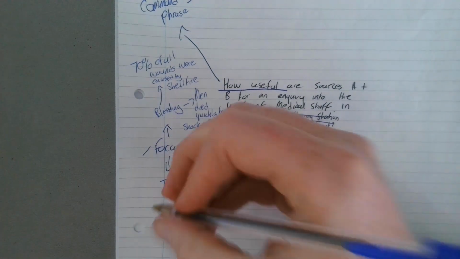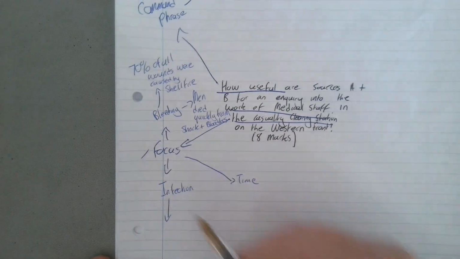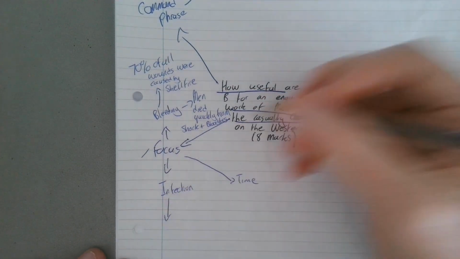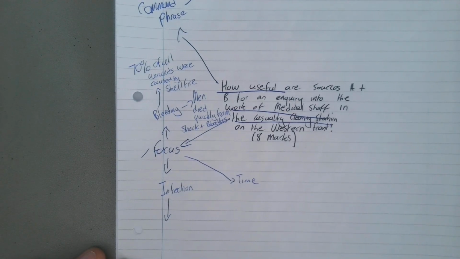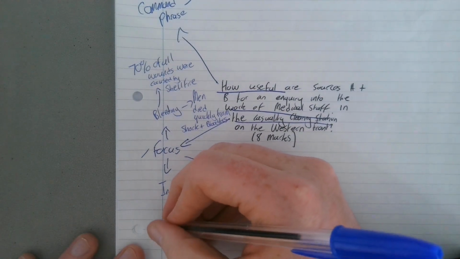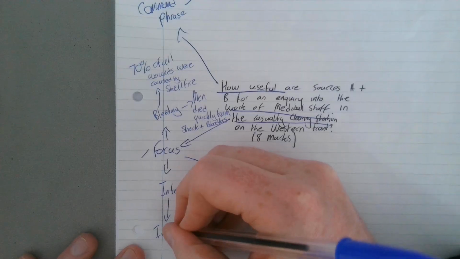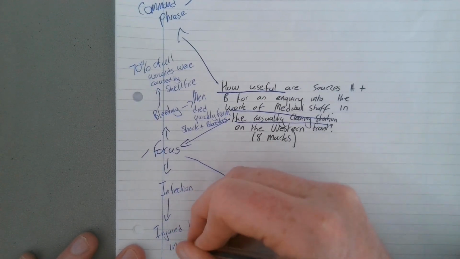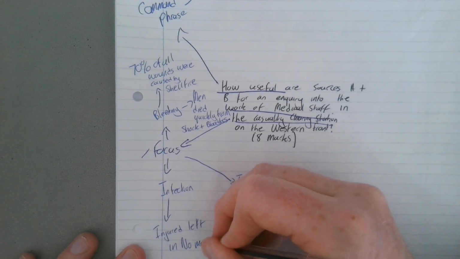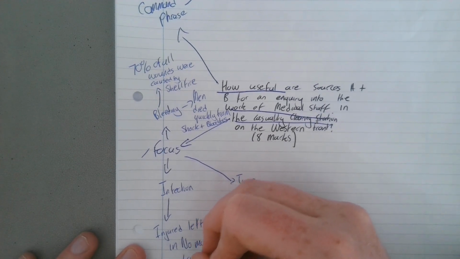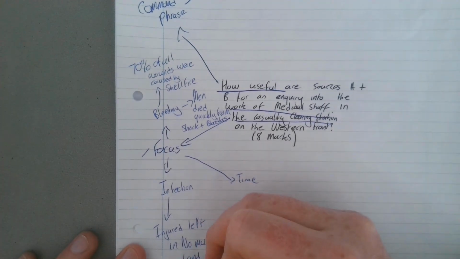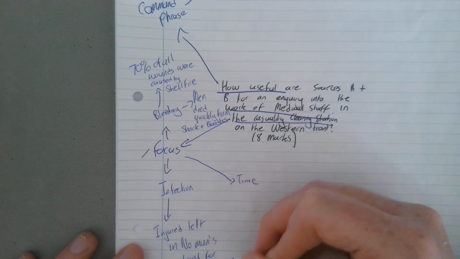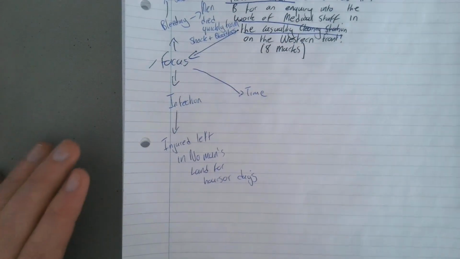What about infection? Well, remember that the stretcher bearers that went out to collect the men, well, the injured could be left in no man's land for hours, maybe even days. What else do we know about infection?